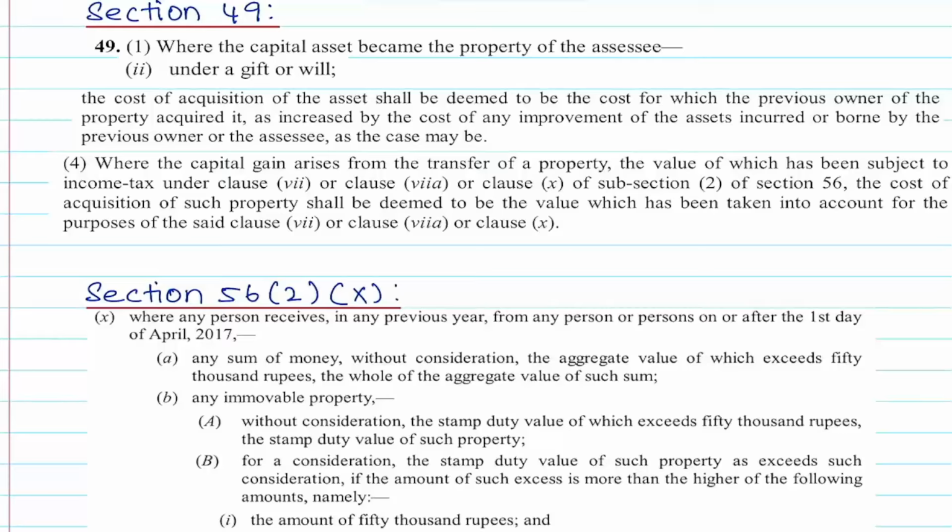Okay. So what they said: where the capital asset became the property of the assessee. Here he is talking about, in our example, the gifted capital asset that became the property of the assessee. Assessee means whom? Y. Under gift or will, the cost of acquisition of the asset shall be deemed to be the cost for which the previous owner of the property acquired it.